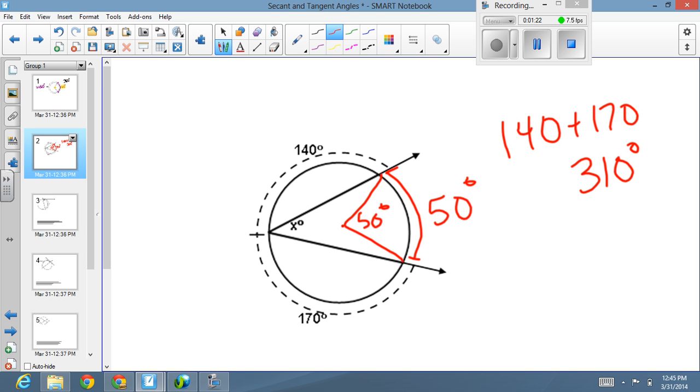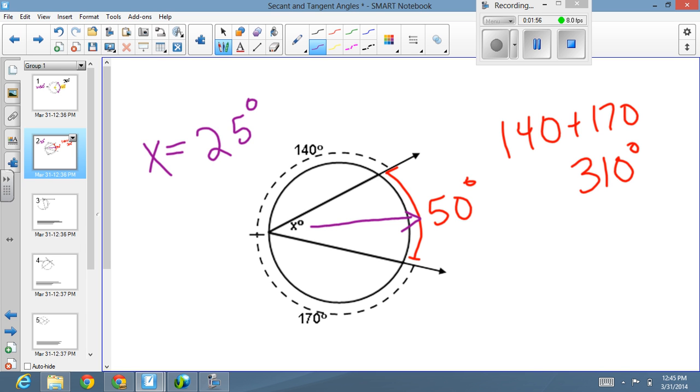This x is not a central angle. That angle is over on the arc. And the rule of thumb there is, let me go ahead and erase what I already have on the inside here because that is not what we're looking for. If you have an angle on the circle and you know the degree measure of the arc across from that angle, we'd simply take the degree measure of the arc across from it and cut it in half.